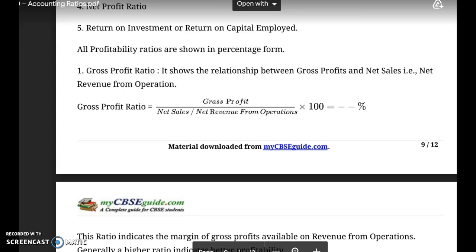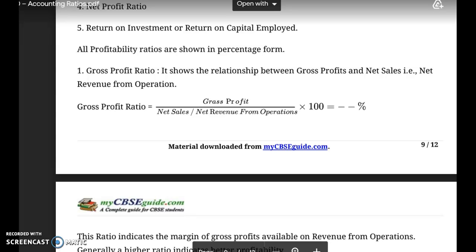Under this, the first very simple ratio which we calculate is the gross profit ratio. This ratio shows the relationship between the gross profit and the net sales. Dear students, understand net sales is also known as the net revenue from operations or net revenue from sales, because here the word sales is used as the revenue from operations. And when we say net, net here means after deducting the returns.